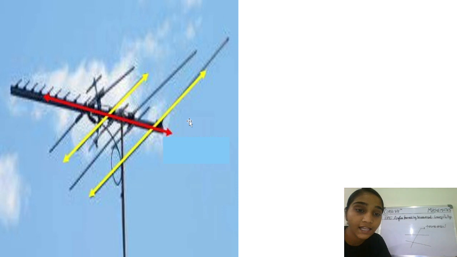This is an electric pole, and you can see in this antenna how we can relate the transversal concept. Here the red line is the transversal line. Why? Because it is intersecting the two other yellow lines at two distinct points.